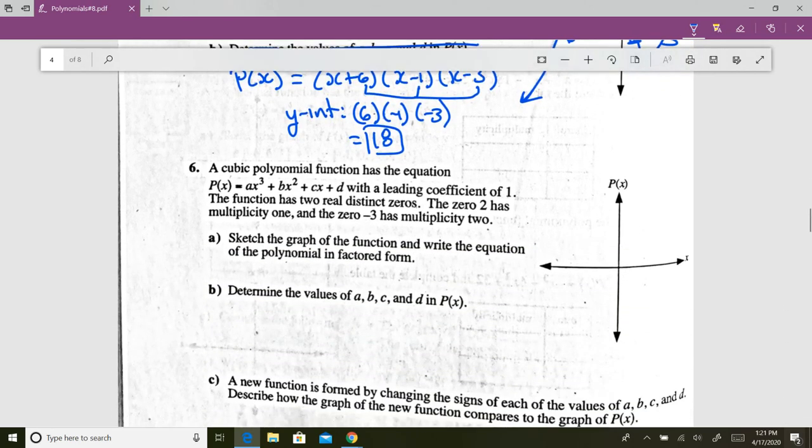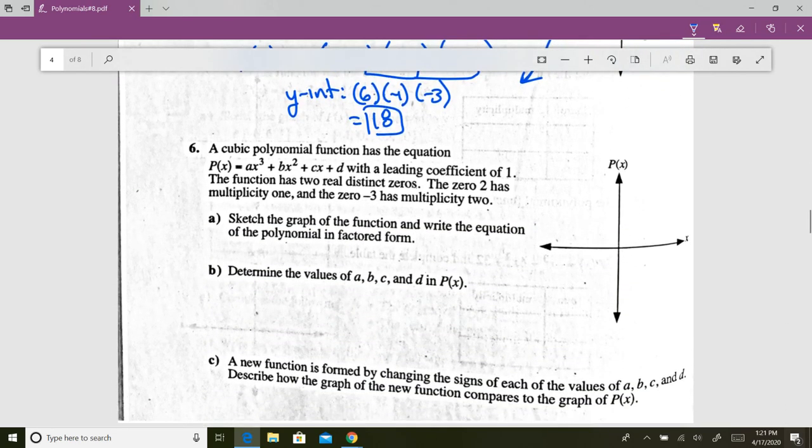All right, I'll do one more. I'll do 6, and then you guys are on your own. Again, cubic polynomial, leading coefficient of +1. Function has 2 zeros. The zero at 2 has a multiplicity of 1.